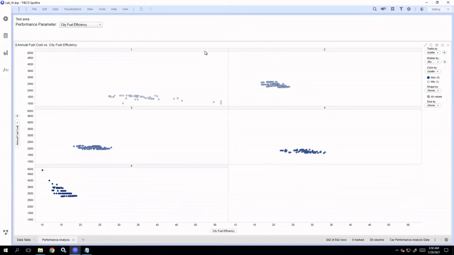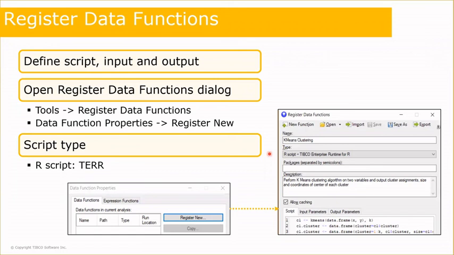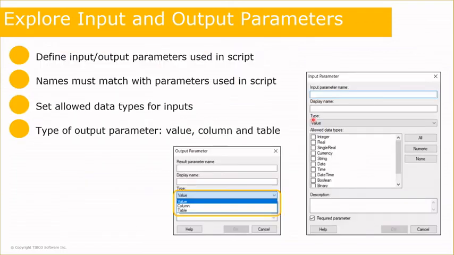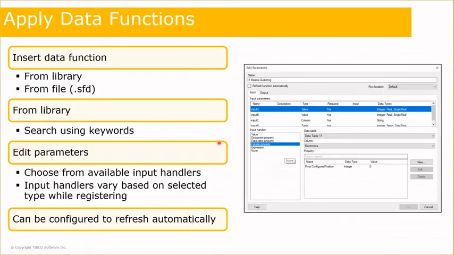Okay, so this is how we can use data functions. We can register the data functions using the register data functions dialog. Then provide the input and output parameters to these data functions, which can be of these types: value, column, or table. For applying these data functions, you can either insert it from the library, or if you have exported it in the form of .sfd, you can import it from the file and insert the data function in your Spotfire analysis document.